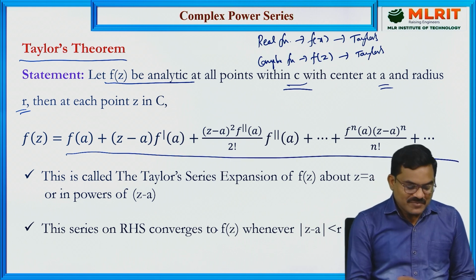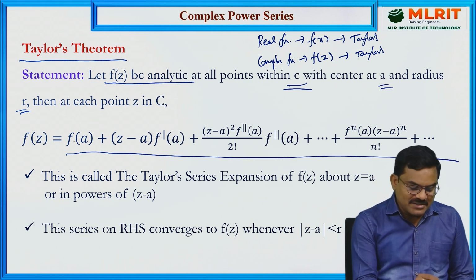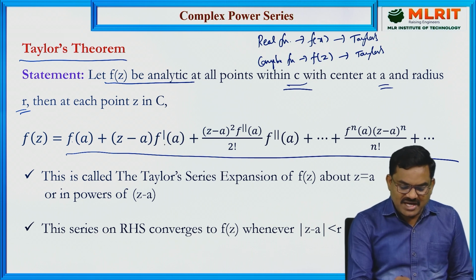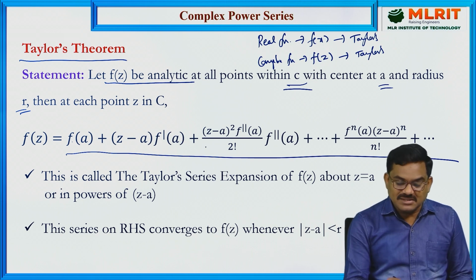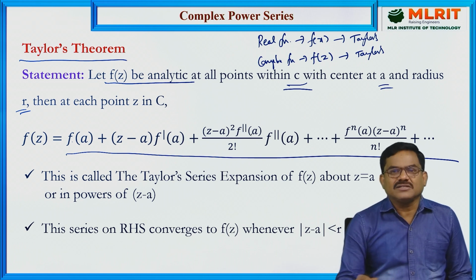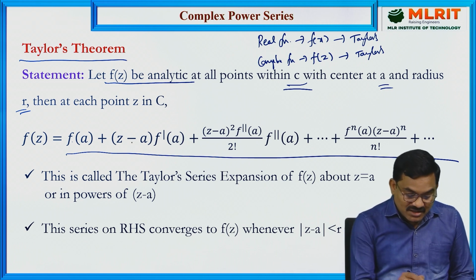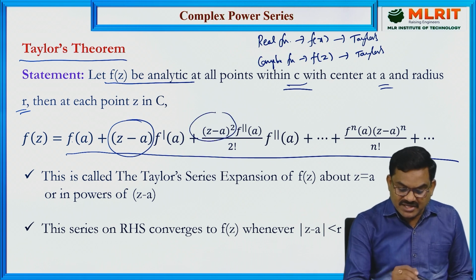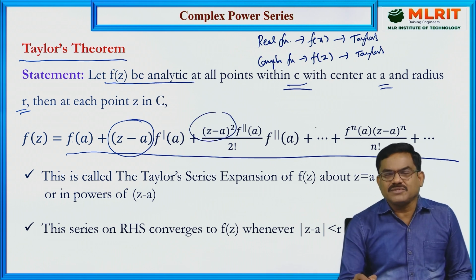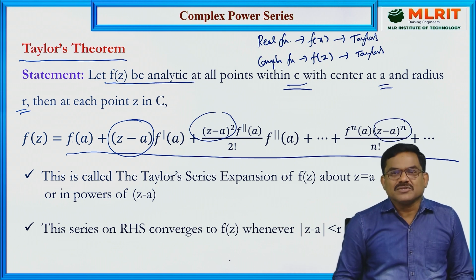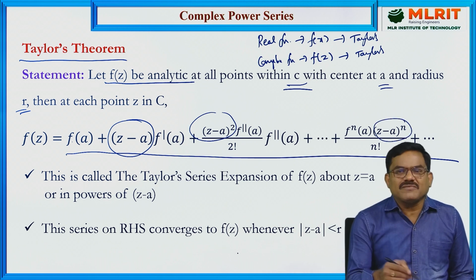What is that? f of a, the functional value at z equal to a, plus z minus a into f dash a, plus z minus a whole square by 2 factorial f double dash a, and so on. In the next term, z minus a whole cube, and so on, z minus a whole power n. So that means it is in powers of z minus a.